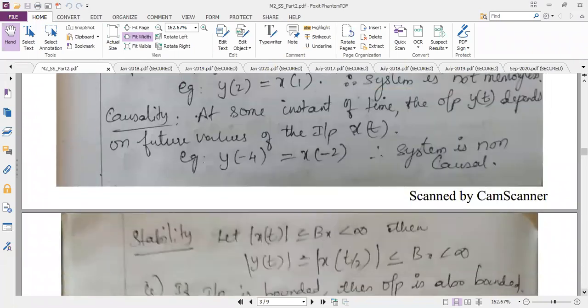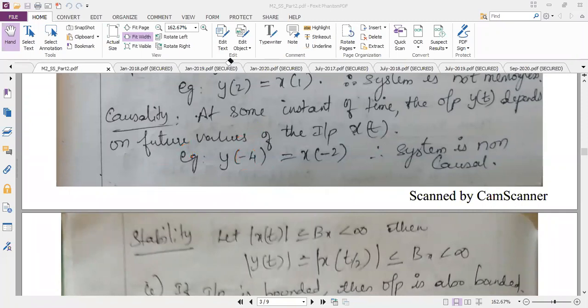Yes. So now similarly for causal, the same condition is applicable. If y is directly related to x in the given question, then I should substitute the value. So here I am substituting t value as -4. If I substitute t value as -4, then I have in the question x of t by 2. t by 2 is nothing but -4 by 2, which is -2. So what is -2 saying? It is ahead of your value -4.